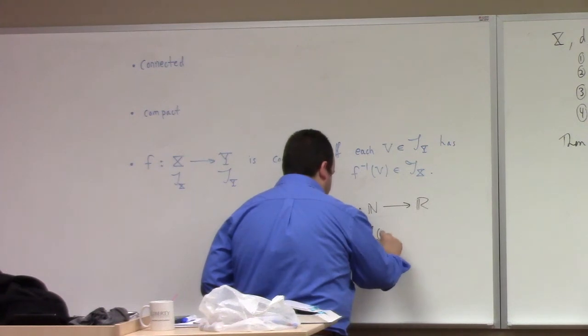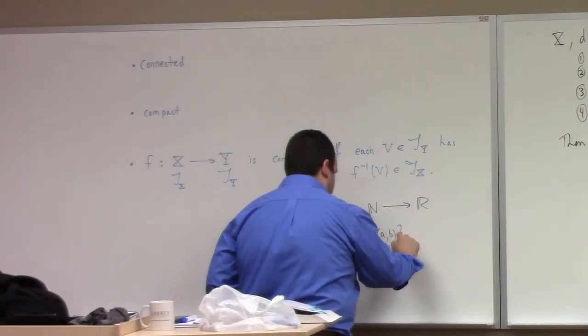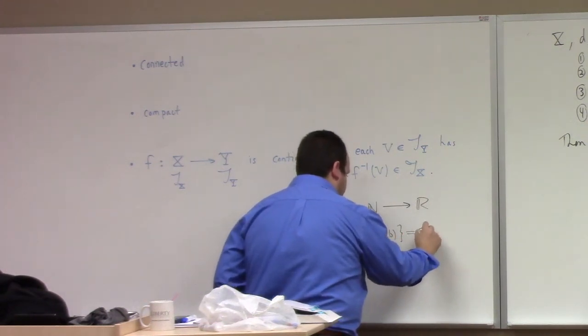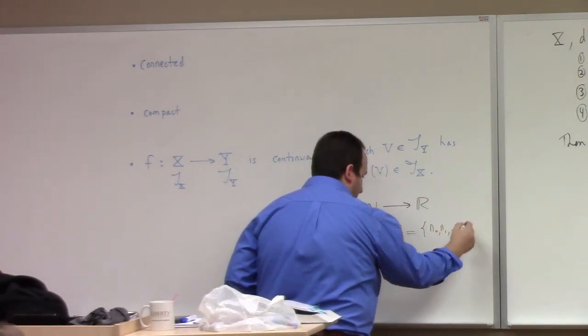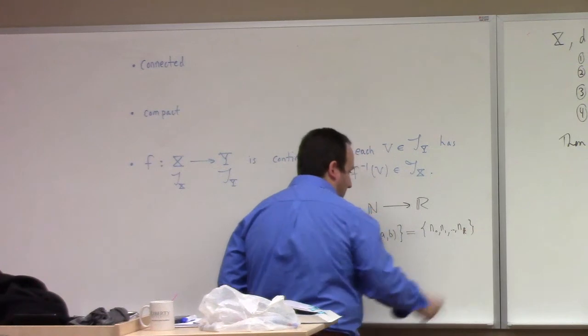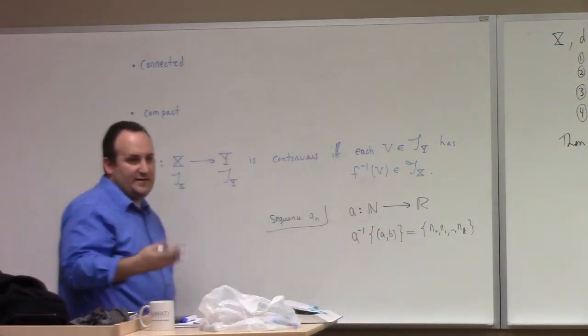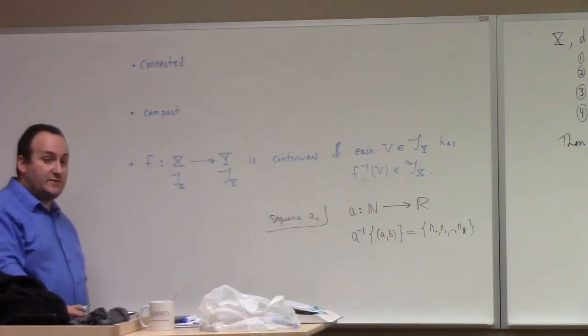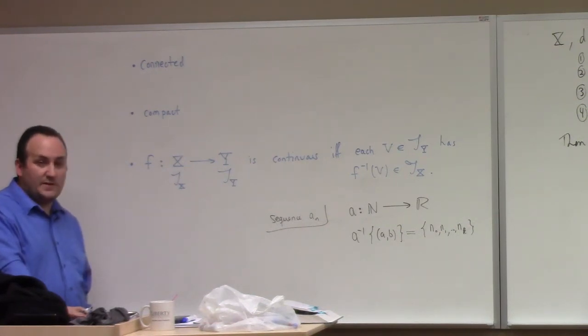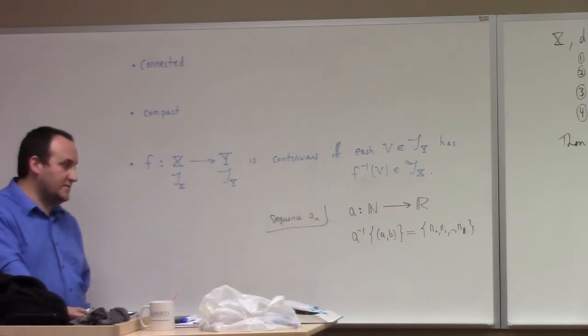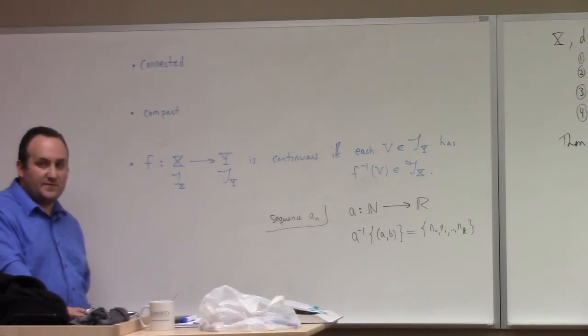Pick your favorite interval, a to b, whatever. It's some collection of integers, n naught, n1, whatever. It could be infinite, could be finite, I don't know. But it's a collection of integers, right? So if you use the discrete topology on the integers, that's open. So with respect to this terminology, if we use the discrete topology for the natural numbers, sequences are continuous maps.